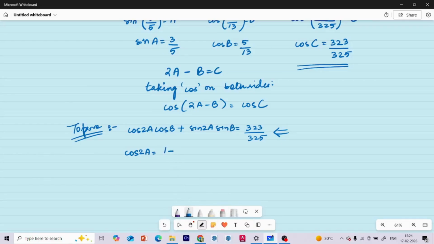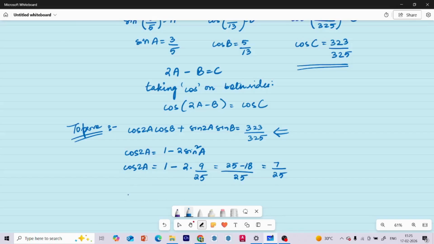So we will put that in: 1 minus 2 times sin square A, which is 9 by 25. So 25 minus 18 by 25, which is 7 by 25. So we got the cos 2A value as 7 by 25.